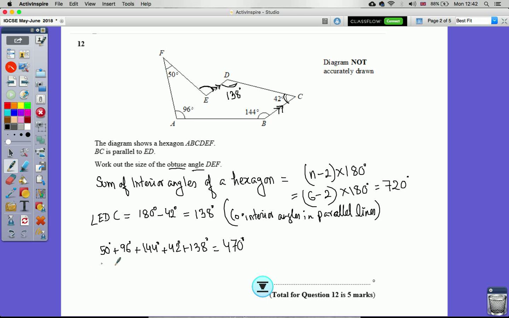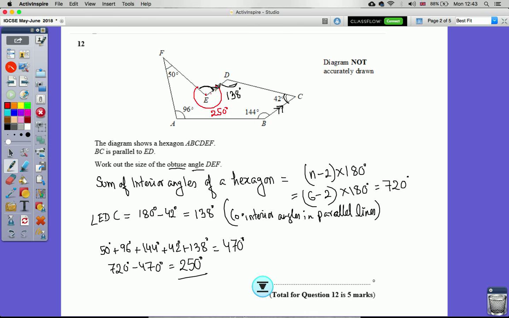Now 720 minus 470 gives me 250 degrees. Now don't stop here, because 250 degrees is the angle we are seeing here.